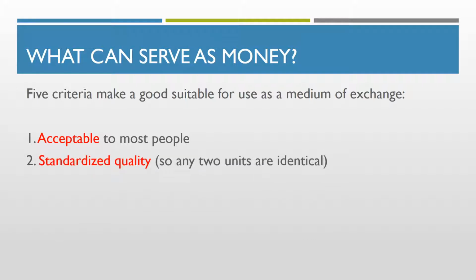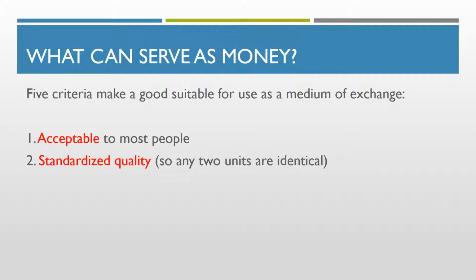Number 2, the standardized quality makes it easier for people to depend on it. So the units should be identical. Well, think about the problem of the deer skins. The deer skins that the governor accepts could be in different shapes or different sizes or even different quality.